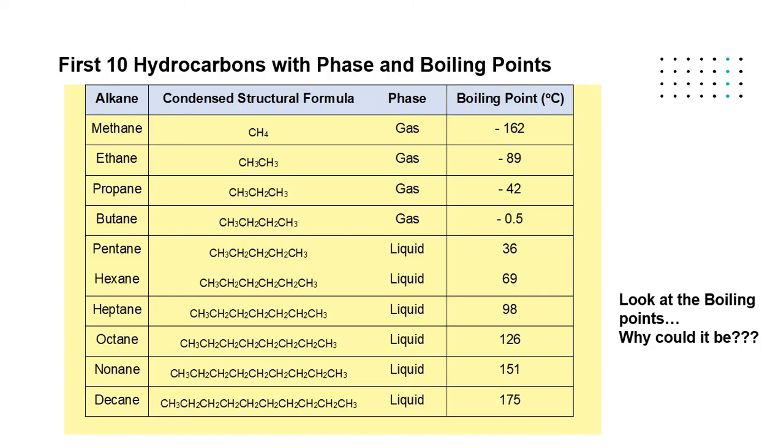Okay, observe this table. Look at the boiling points from methane going down to the decane. Is it increasing? Is it decreasing? It's actually increasing. Why could it be? Well, the reason is, look first at the number of atoms. In CH4, and then it goes from here to here and to here, it becomes a lot more.